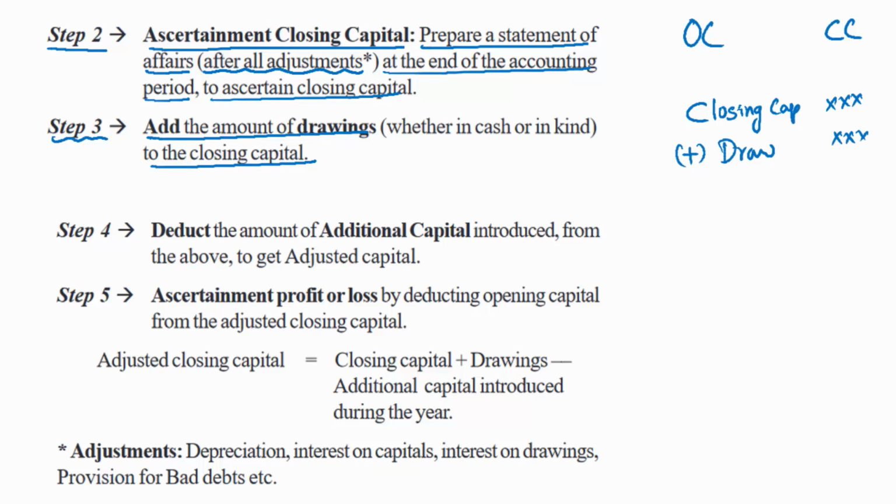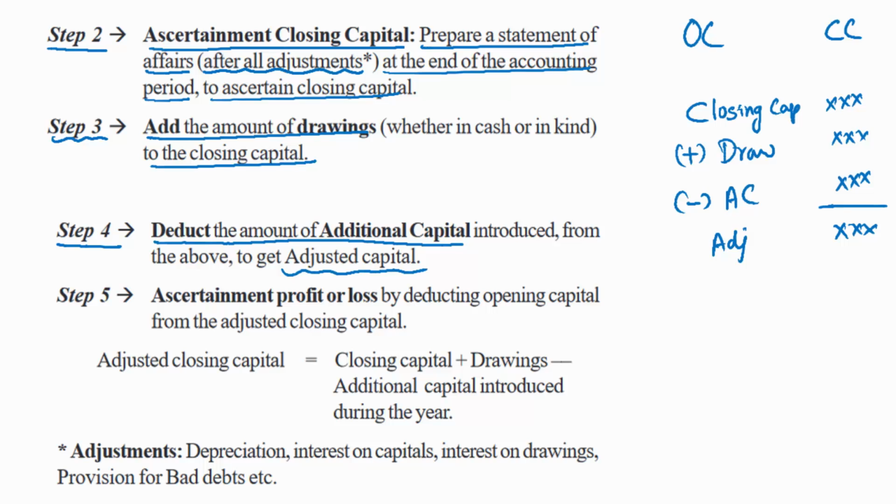Then step 4, we have to deduct the additional capital introduced. So minus additional capital, and this would give us a capital, and that capital is called the adjusted capital.